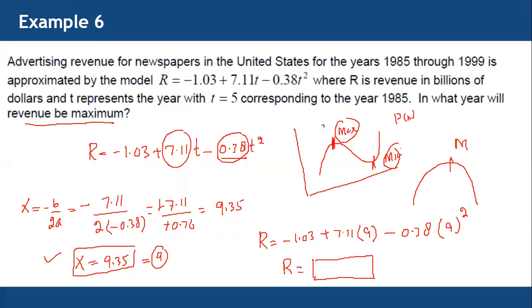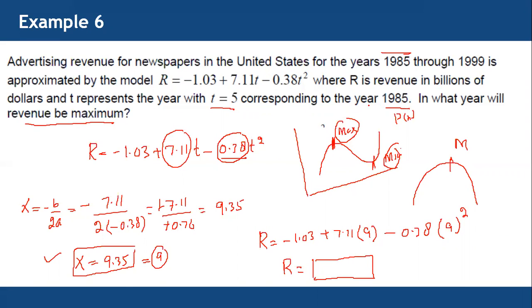Clear? I have a question here. In the question, t represents 5, so why did you find t again as 9 from x equal to minus b over 2a? Here it is given that the advertising revenue for newspapers in the United States for 1985 through 1999 is modeled like this one, where revenue R is in billions of dollars and t represents the year with t equal to 5 corresponding to the year 1985.